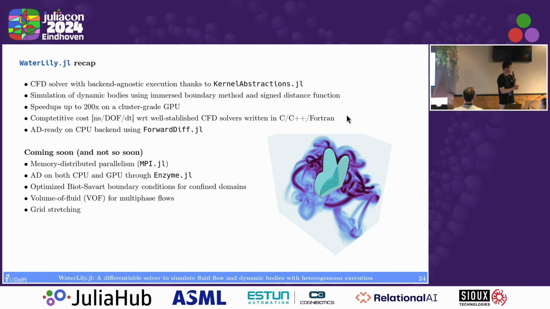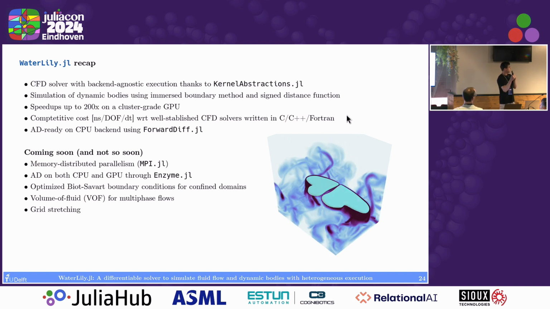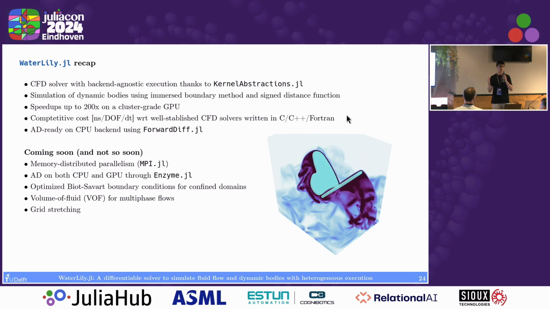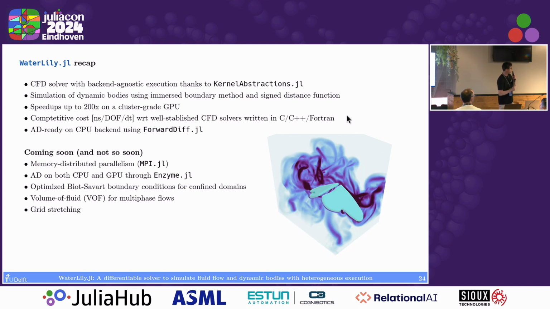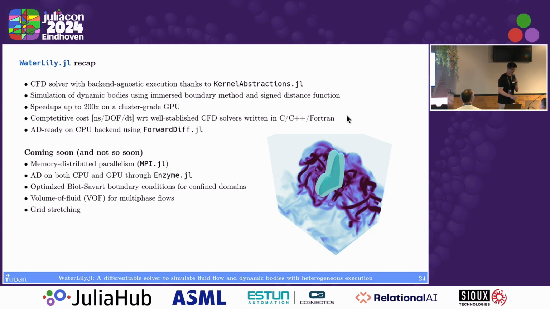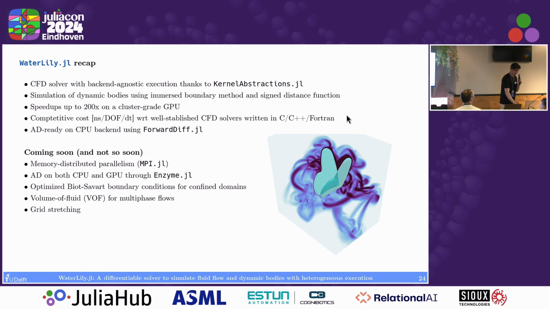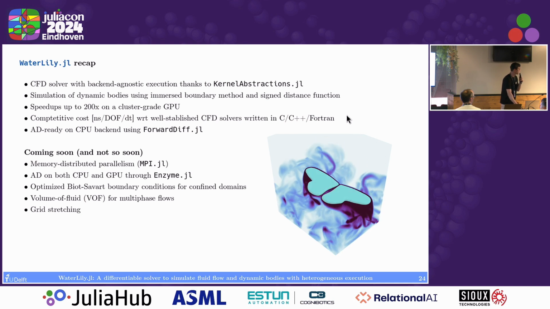This is work in progress that will be published soon. We also have plans for a volume of fluid method, so we can do multi-phase flows, and grid stretching, so we can fit cells close to the boundaries as we need for turbulent boundary layers.